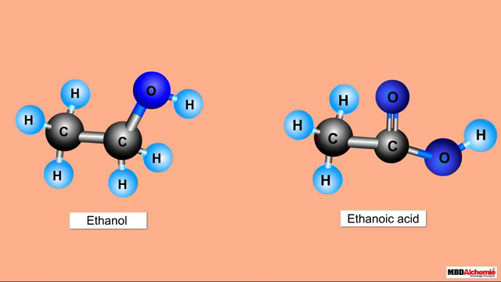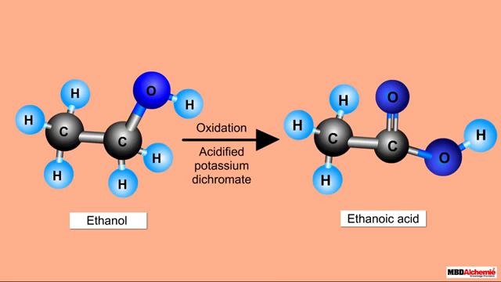On the other hand, in a molecule of ethanoic acid, there are two oxygen atoms attached to the same carbon atom. So we can say that ethanol undergoes oxidation to give ethanoic acid in the presence of acidified potassium dichromate.